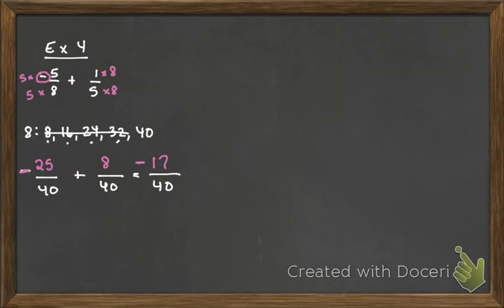Okay, so let's do an additional problem over here. And let's say negative 7 over 3 plus 6 over 15. Okay, first thing to notice is I do not have a common denominator and I need to find one.